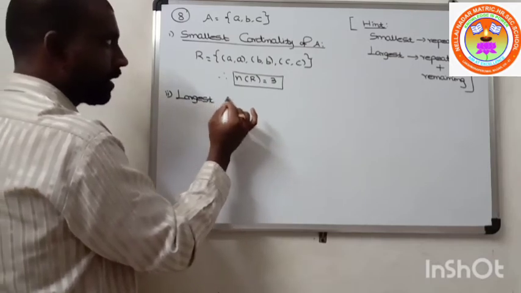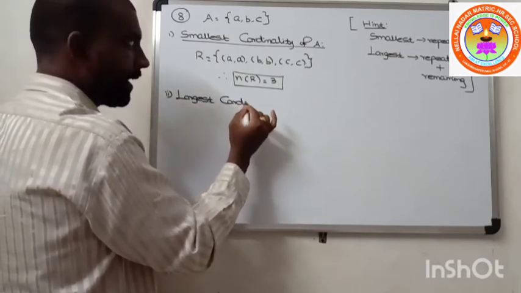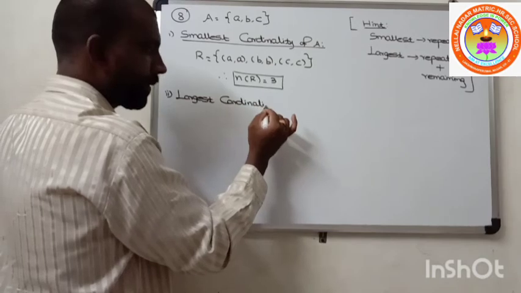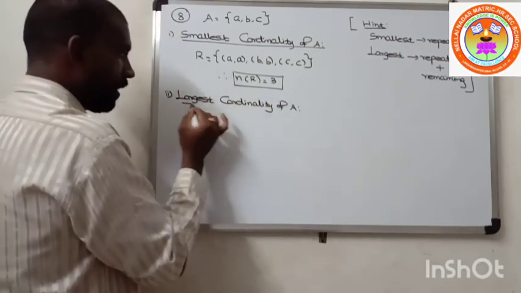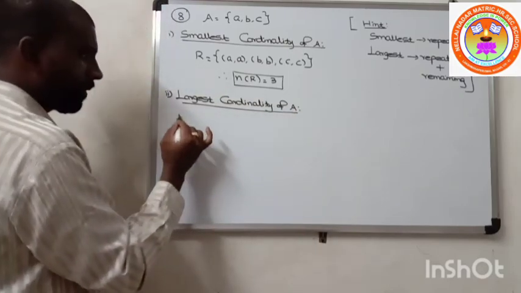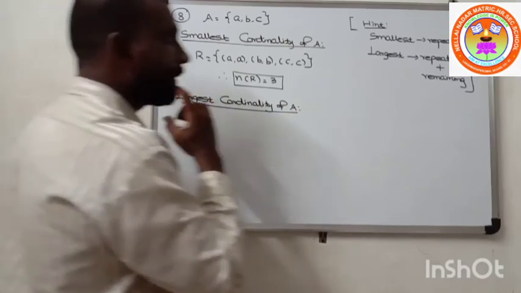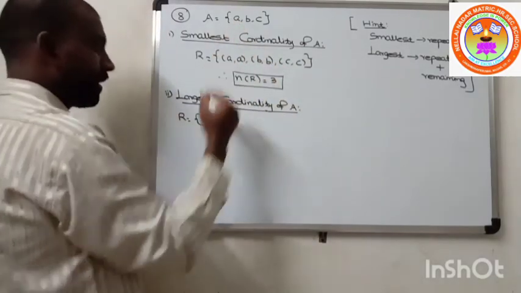Second, you will find the largest cardinality of A. Largest means repeated. What are the repeated?